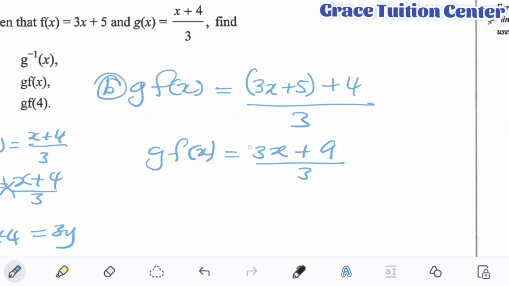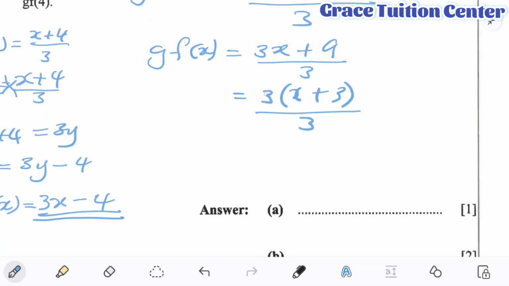Of course, we can simplify this. We can go ahead and simplify this by factorizing a 3 on top there. 3 is common. 3 into 3x, you remain with x, plus 3 into 9, 3, over the 3 which is down there. Once you do that, you'll notice that this 3 will cancel that 3. So meaning that our gf of x is simply x plus 3. Okay.